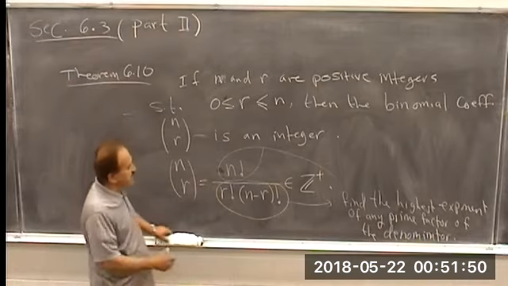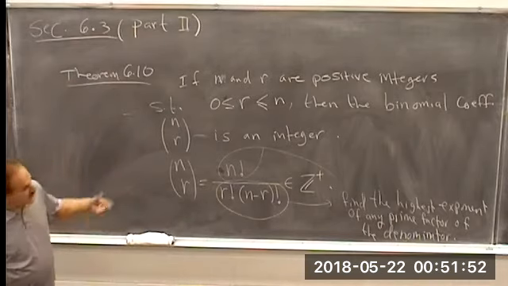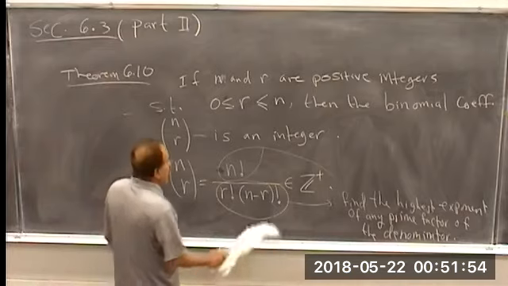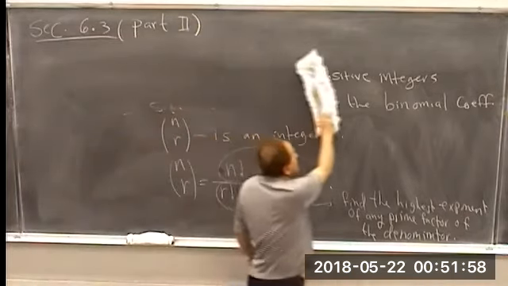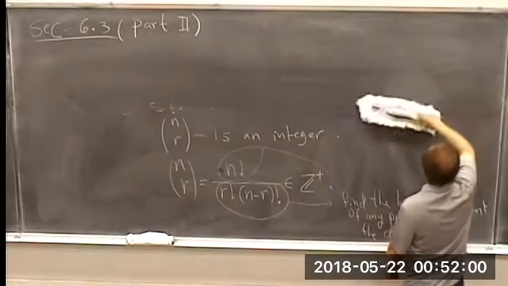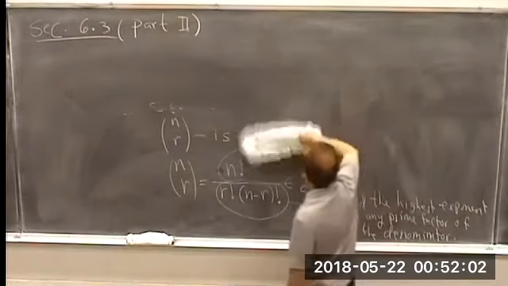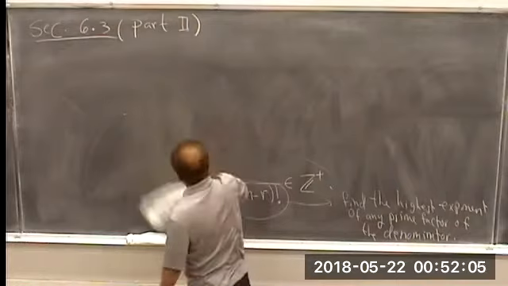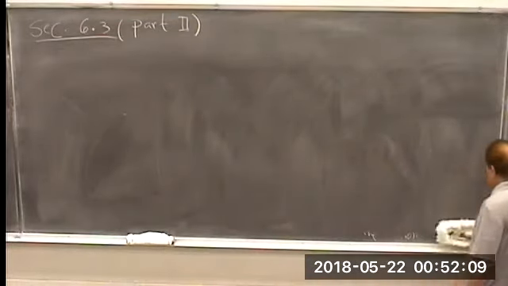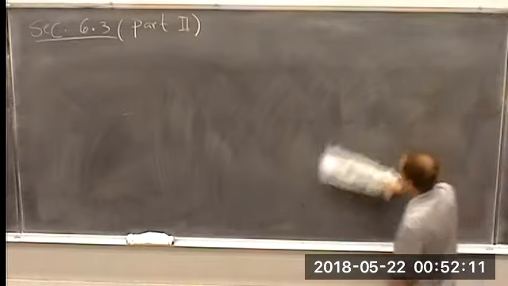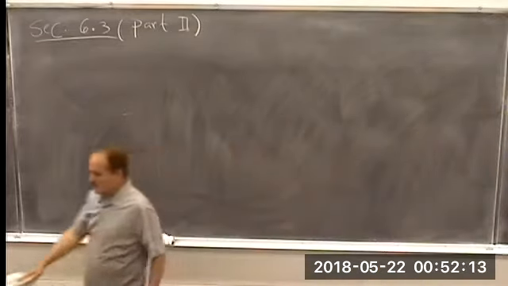All right, so this is the idea. And this is where we're going to be using the previous theorem. All right, so we're going to let p take on one prime, and of course this is true for every prime. All right, so here's the proof.